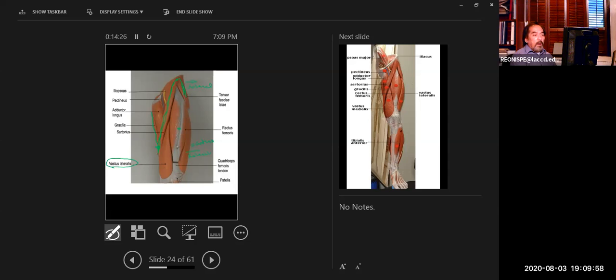So what's the other side then? That is going to be the vastus intermedius. I'm sorry, vastus medialis, and intermedius. Vastus medialis. So that's how you identify muscle names, usually by location. So you got to be sure, are you looking at the medial side?